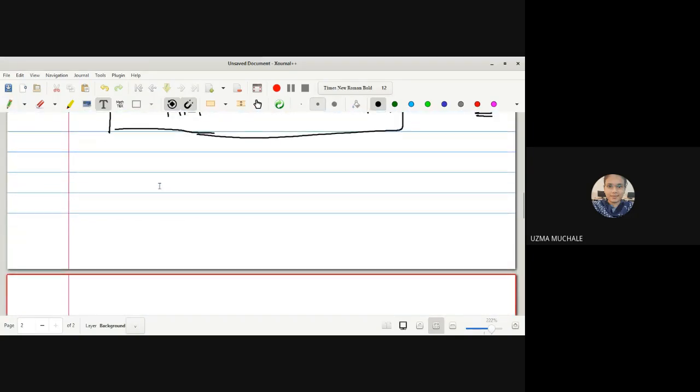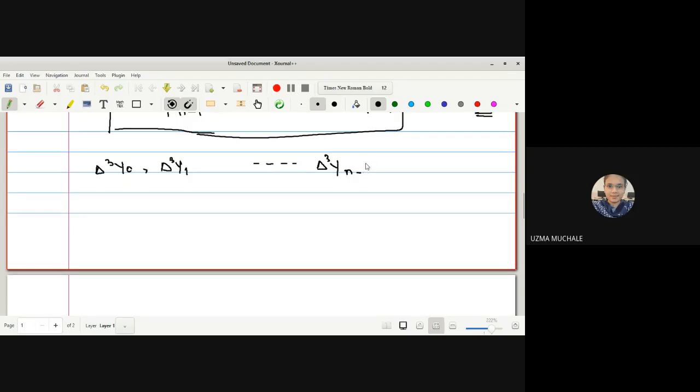The next will be the third order differences, denoted by delta cube y naught, delta cube y1, and so on. The last term will be delta cube yn minus 2, since yn minus 1 was already there.